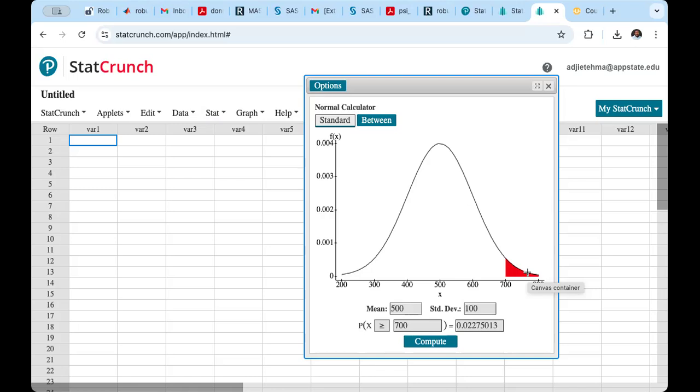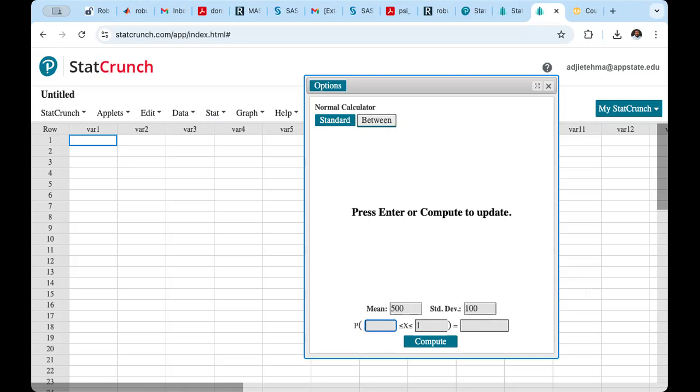And then C says between 200 and 400. So to do that, let's click the between. Look at where the between is. We click on that and then enter 200 and 400.